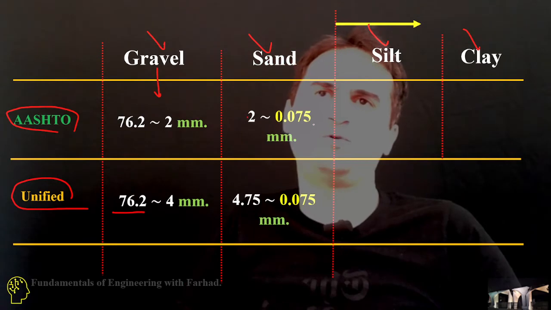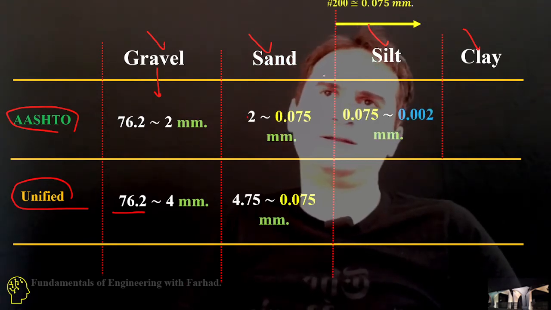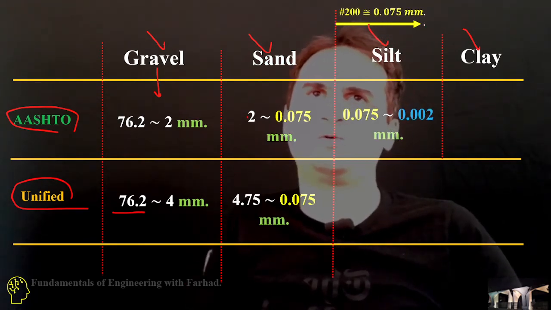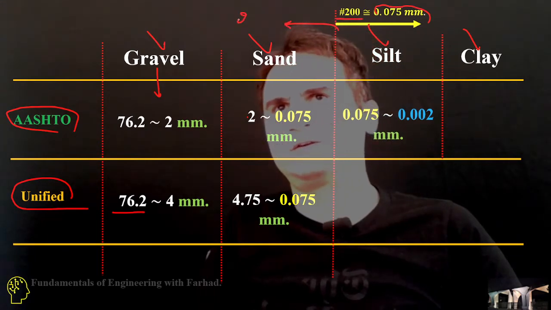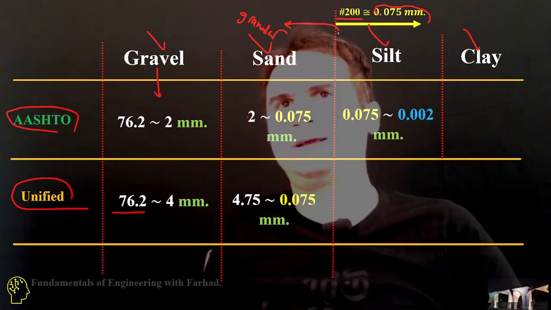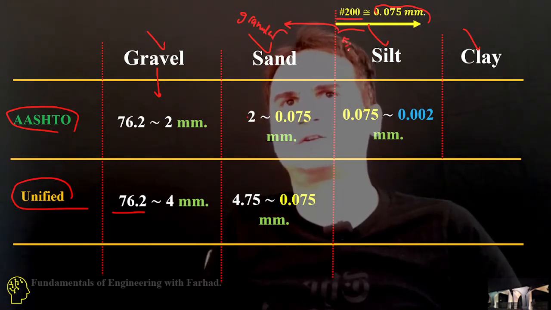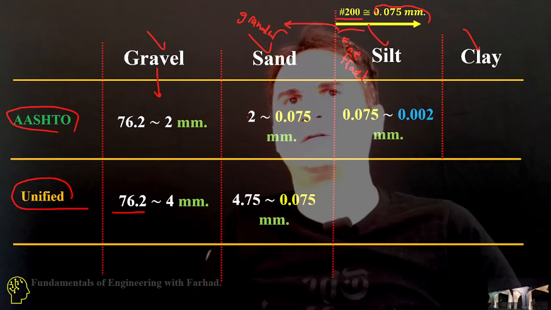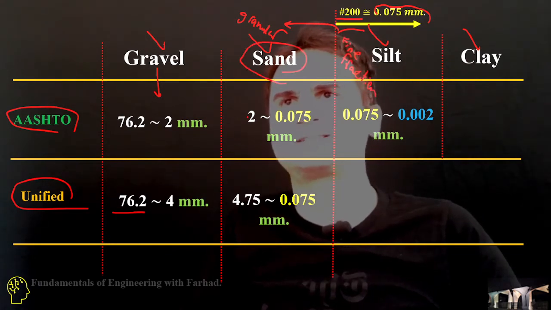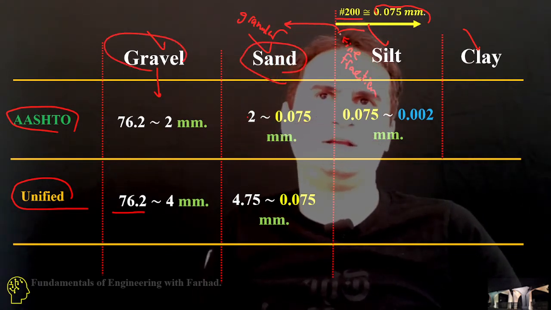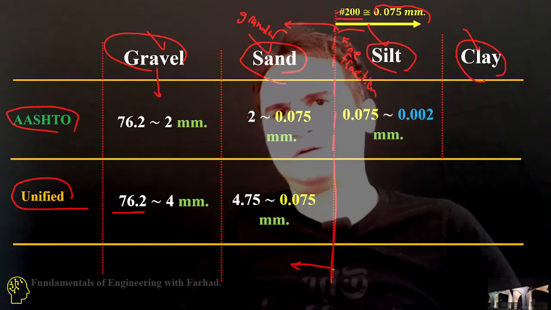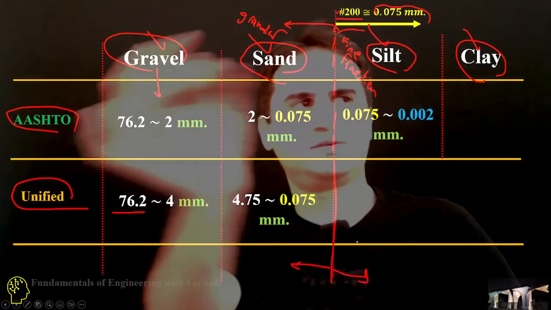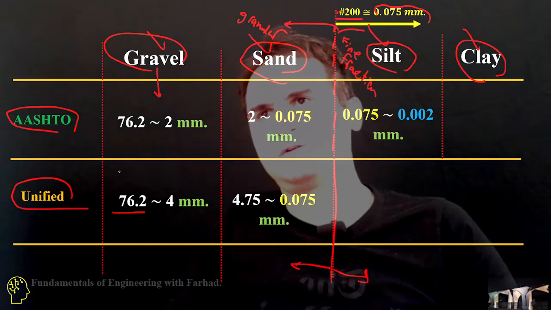Sand is from 2 to 0.075, and 0.075 millimeters is the basis of separation between granular and fine fraction. In granular, we can have sand and gravel, and in fine fraction, we can have silt or clay. So this is the separation line for your chunk of fine fraction material.